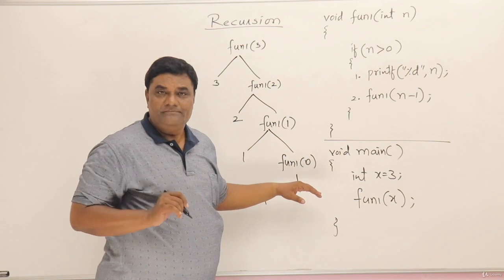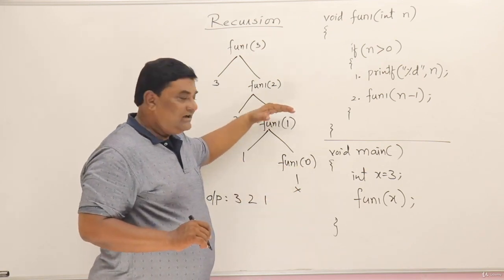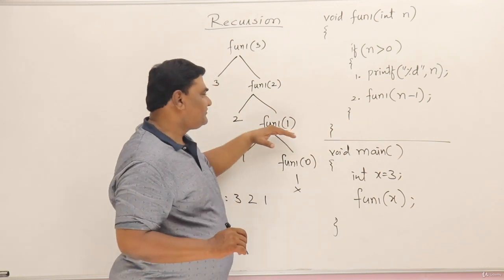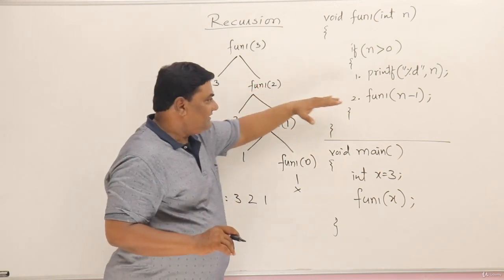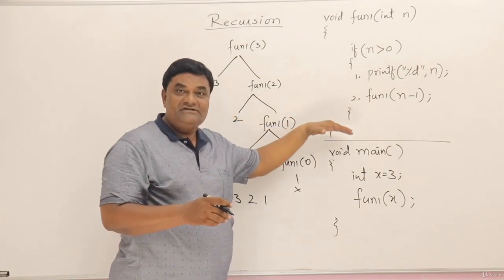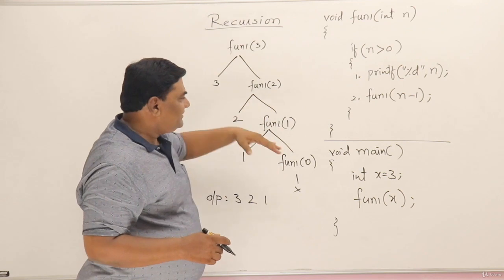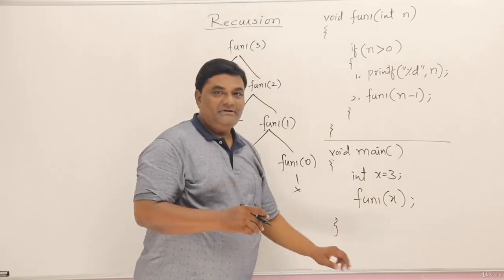Then what it has to do? It will go back to the previous function and come out of the function. So this function finishes. It goes back to the previous function, that is in this line, and comes out. Afterwards there is nothing remaining, so it will simply come out and go back to this function and come out of this one. Then it will come back to main and terminate.